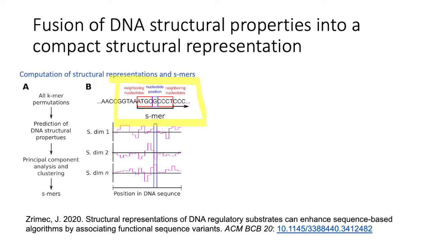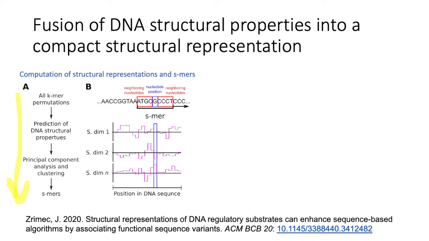First, we fused 64 of the most frequently used DNA structural property models into compact DNA representations. Since between 1 and 4 neighboring nucleotides around the central nucleotide have the most effect on its structural properties, we encoded k-mers of sizes 3, 5, 7, or 9 base pairs. So for all permutations of these k-mers, we computed the structural properties and performed dimensionality reduction with PCA, where up to 18 principal components were used to retrieve most of the data variance.